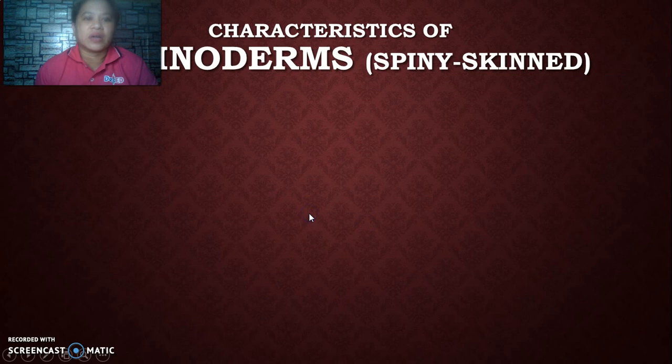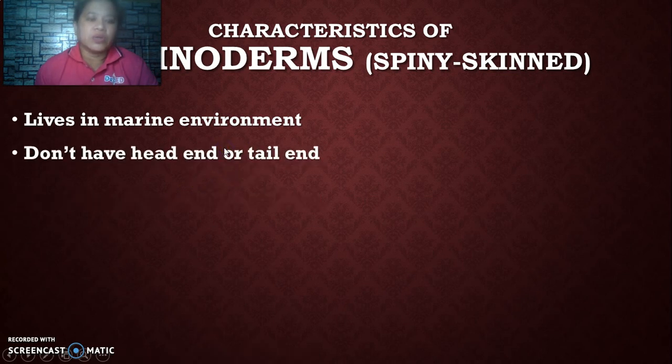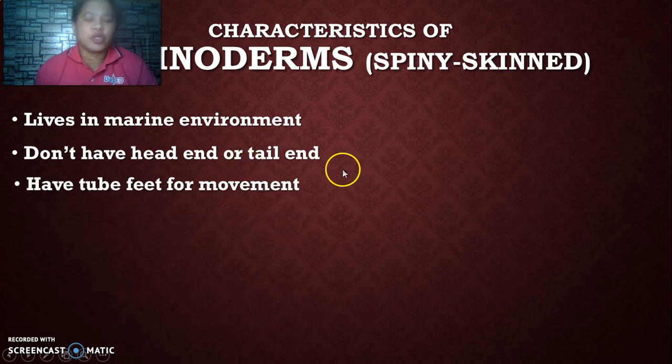Next are the characteristics of echinoderms or the spiny-skinned. These echinoderms live mainly in marine environments. They don't have a head end or tail end. They have tube feet for movement, just like the starfish.